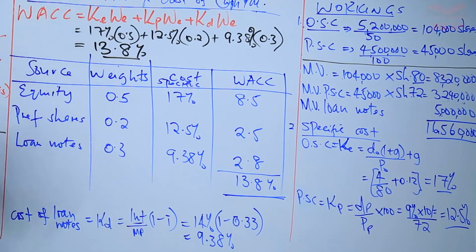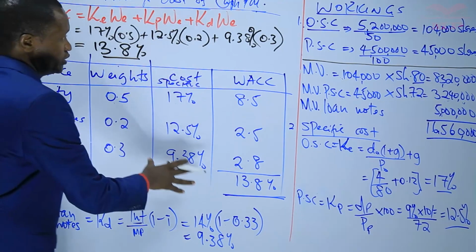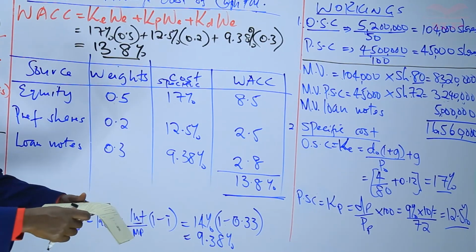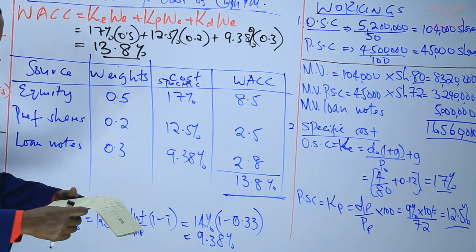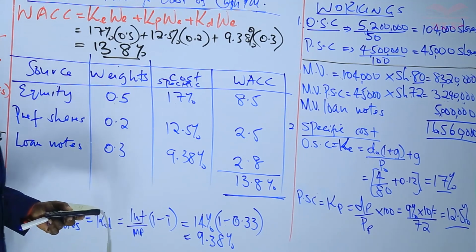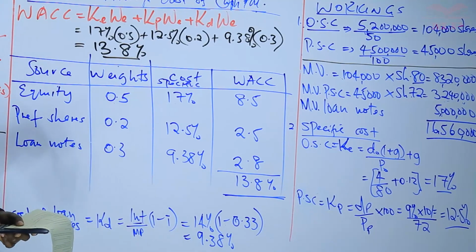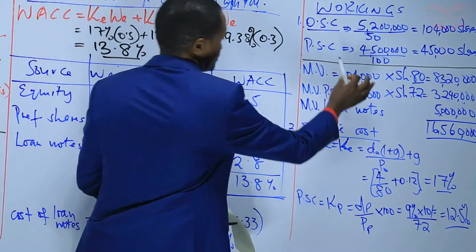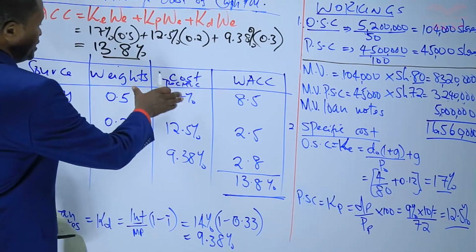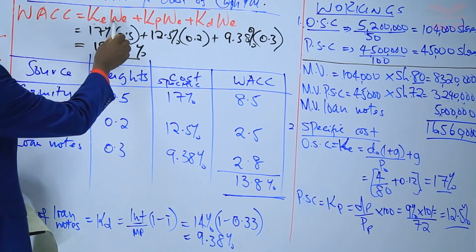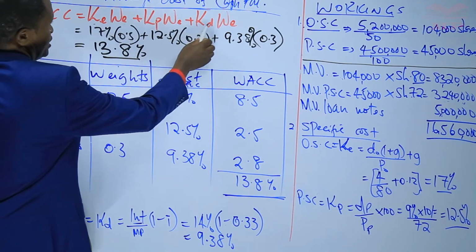If you've done several questions, you may not need to go through the long route. That's why this question is only how many marks? 10 marks, because you need to show your workings. There are marks for workings. If you've done the workings, candidates, you can skip this table because the formula for weighted average cost of capital is KE WE plus KP WP plus KD WD.